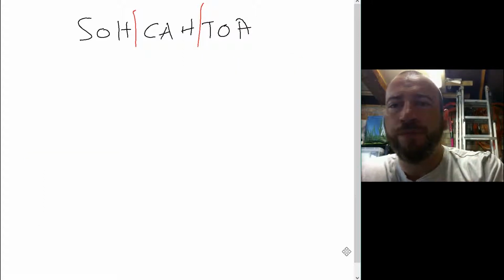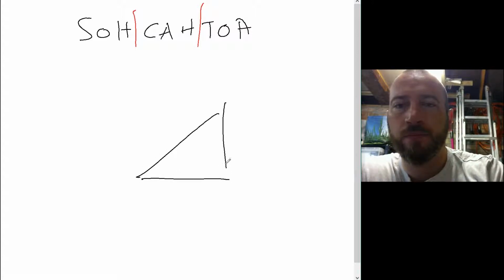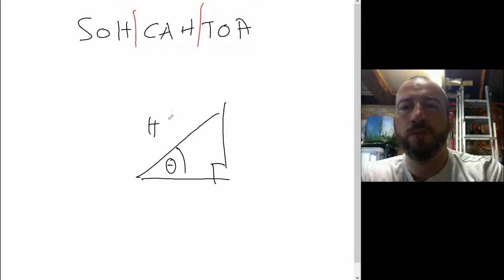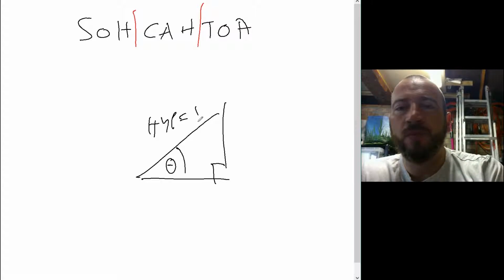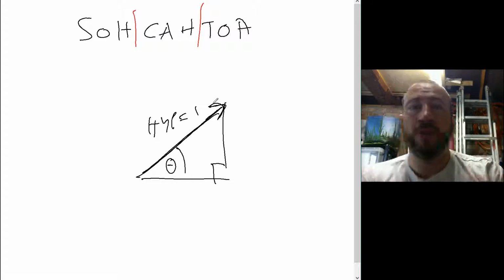If we've got a right angled triangle like this, there's our theta. We say that the hypotenuse is equal to 1. Now what happens when we do that? Essentially, this hypotenuse can be the arm or the radius of a circle with a radius of 1, a unit circle.